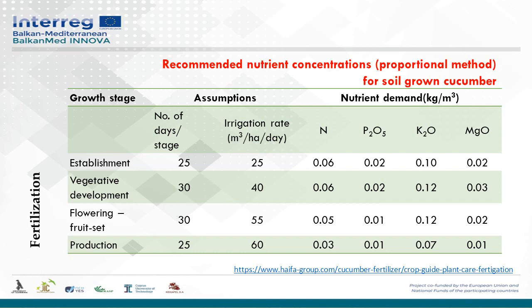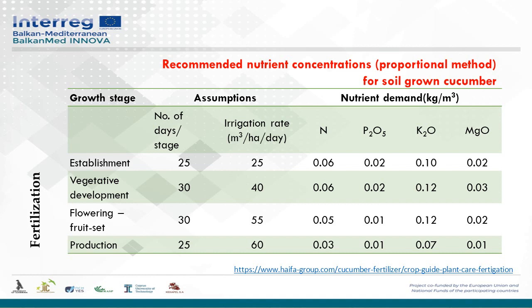And so you can see that the concentration of the nutrient elements is different, and the highest concentration is demanded for potassium, from 0.1 to 0.12 kilograms potassium per cubic meter, which is twice more than the amount of nitrogen fertilizers, and much more, 5 to 6 times more compared to phosphorus.